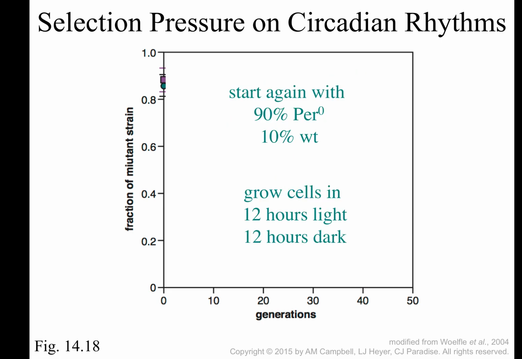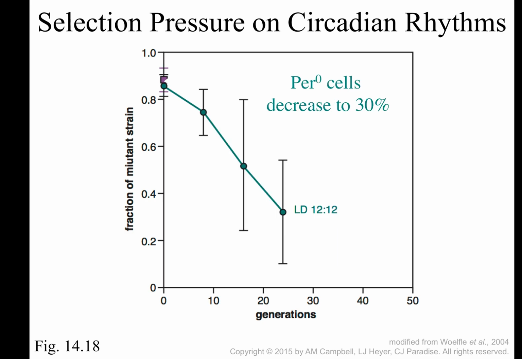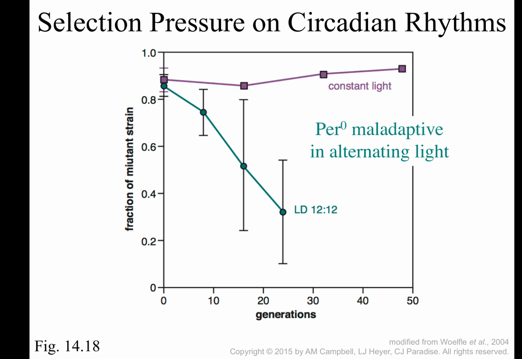But if you redo the experiment again, and now you grow them in a light-dark cycle, like 12 hours light, 12 hours dark, approximating what these organisms would see in the ocean, and these are ocean-living bacteria, what you see is the per zero cells decrease to about 30% of the population from 90% of the population, and the wild type win in that situation.